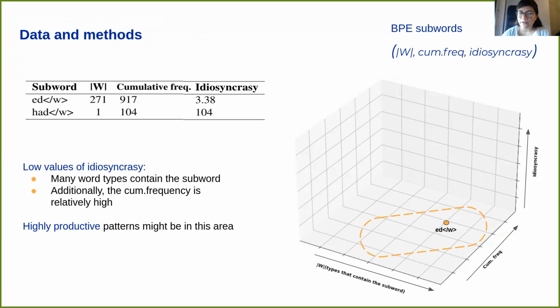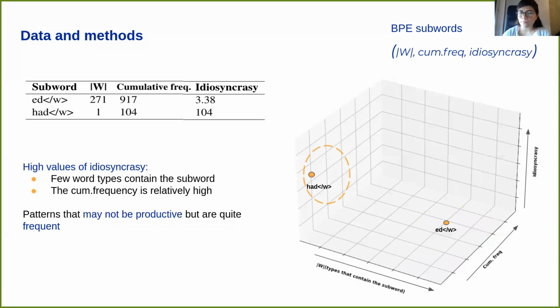So here in this area, we would expect to see highly productive patterns. On the other hand, when we have high values of idiosyncrasy, it's probably because few word types contain the subword, and also the cumulative frequency is relatively high. So here we would expect to see patterns that are not productive, but they are quite frequent.